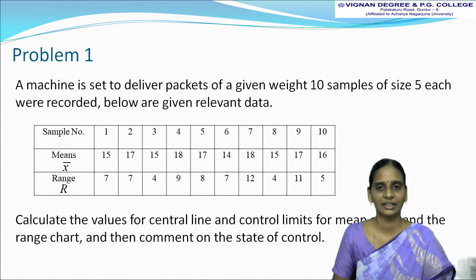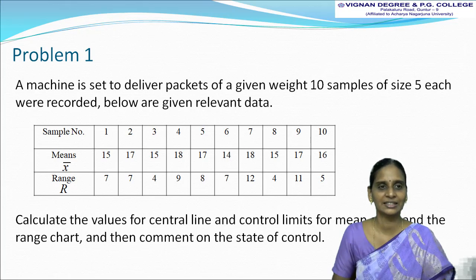So here in this problem, the number of samples can be denoted by the letter K. So K is equal to 10 and size of each sample is 5. That size of each sample can be abbreviated as small n. So small n is equal to 5.